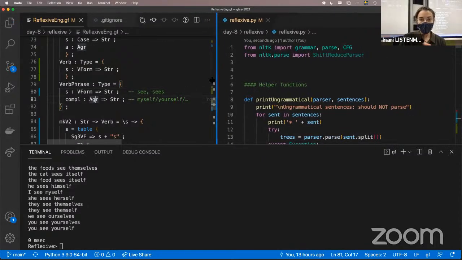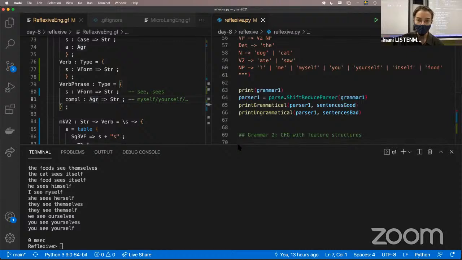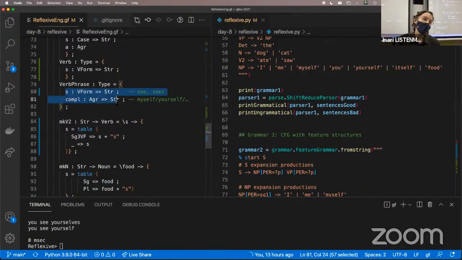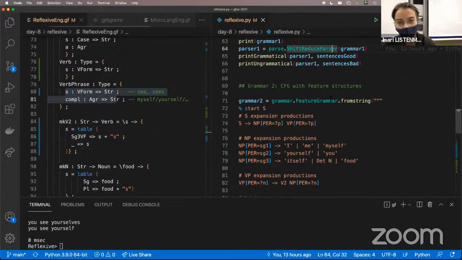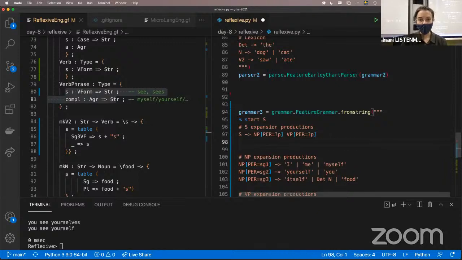So maybe let's see if we can emulate this in the Python grammar, because I'm just taking the inspiration from the concrete syntax in this. I didn't plan this, so let's make a new expansion, new production, NP.